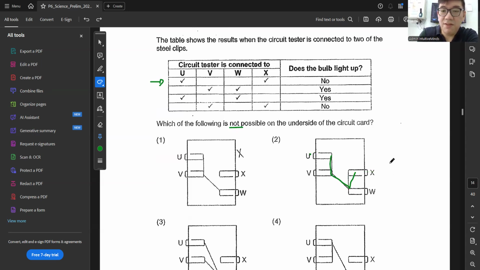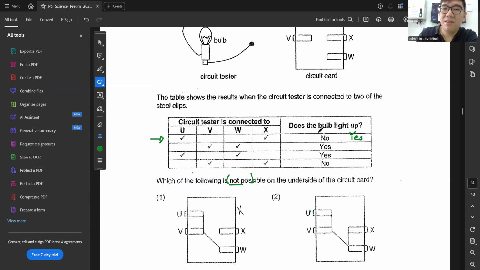So that's how you deduce. Option 2 is not possible because this configuration will cause the bulb to light up, so it doesn't fulfill the result. Are you clear?